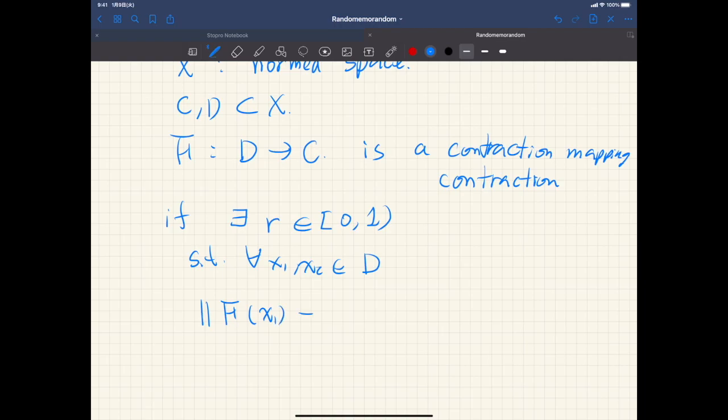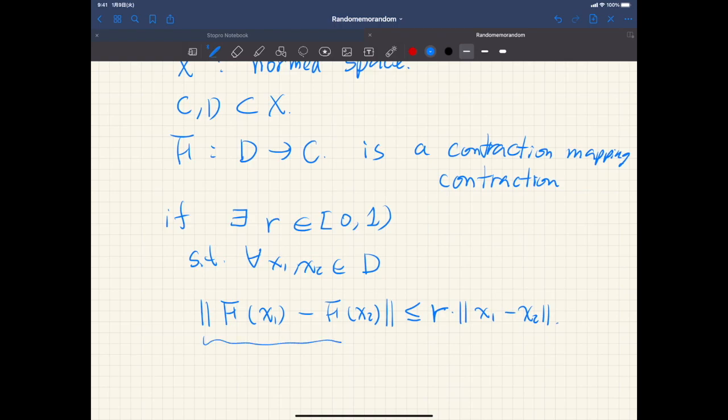the norm of f of x1 minus f of x2 is less than or equal to r times the norm of the difference between x1 and x2. So this means if we apply the mapping f to x1 and x2, then the difference is smaller than the difference between the original x1 and x2 before application of the mapping, because this r is less than 1.